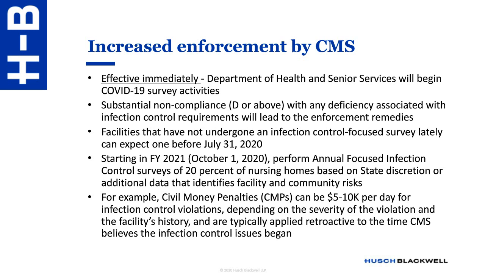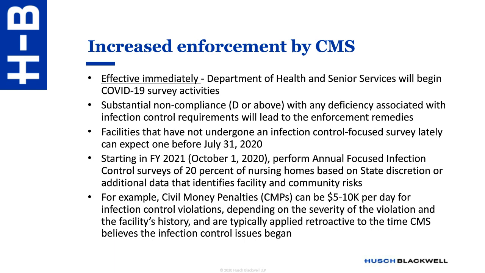If you have a serious deficiency, such as an immediate jeopardy, and it's for an infection control issue related to COVID, you can expect to see a 23-day notice of termination of your Medicare certification or imposition of temporary management.